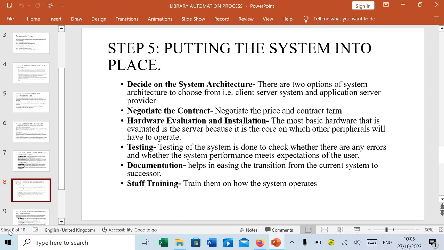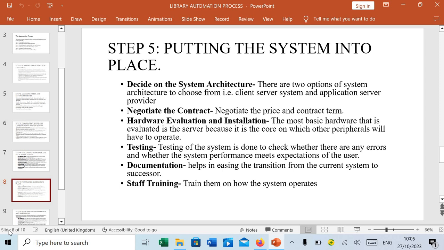Then step 5 is whereby you put the system into place. This is whereby you design the system architecture, then negotiate the contract, of course, with the vendors that the information center has agreed with. Then the hardware evaluation and installation to check all the things that are required, that is the computers, the power backup, among others.